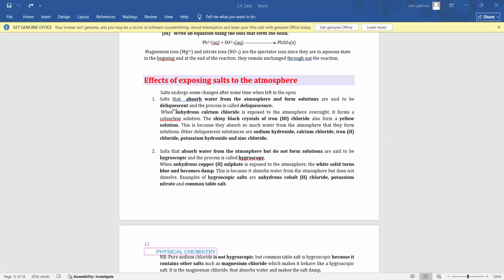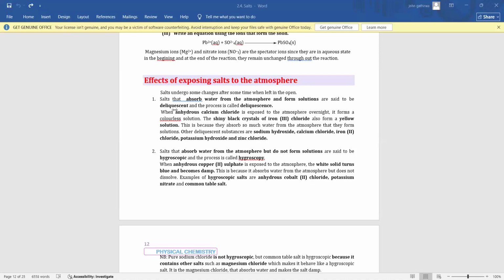Heat to boil. Allow the salt to cool. Then you dry between filter papers. Okay, that is good. Again, you need to correct that part of boiling. Do we talk of boiling or do we talk of heating to saturation? Saturation. Yes, you talk of heating to saturation.